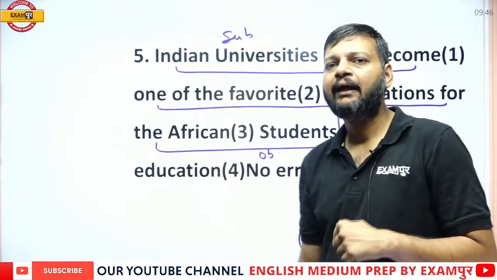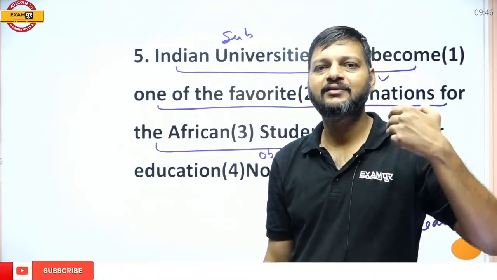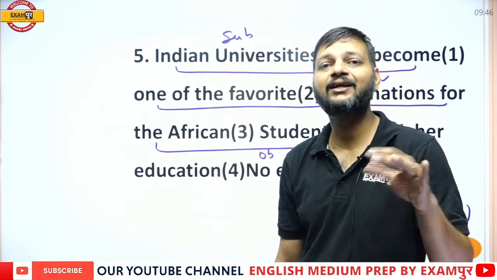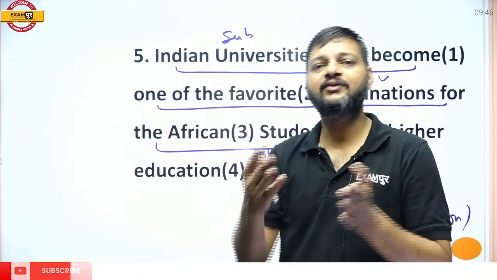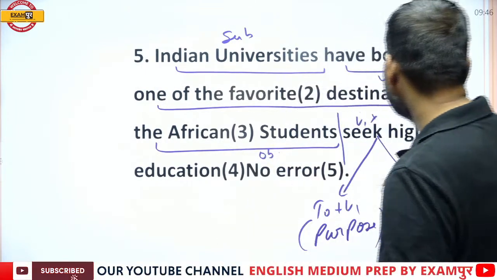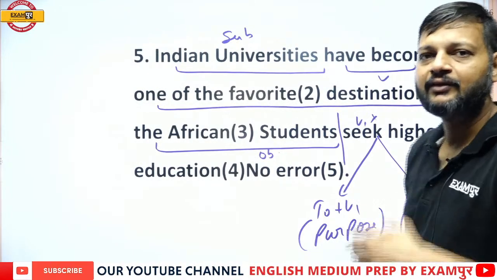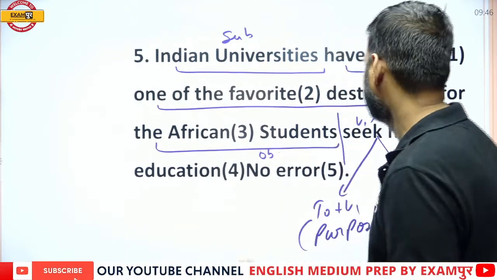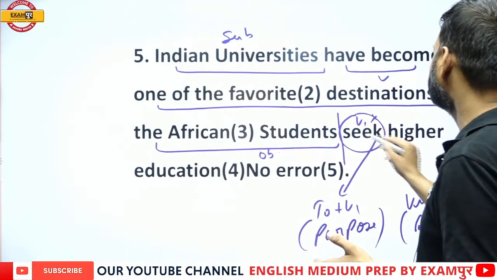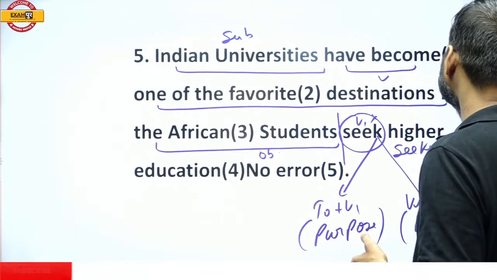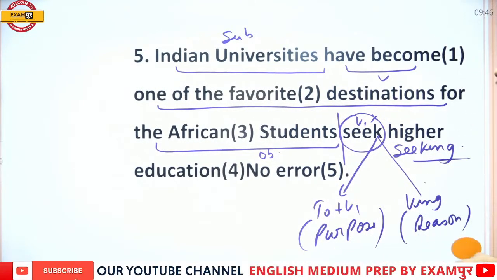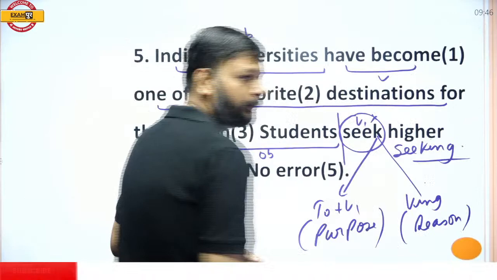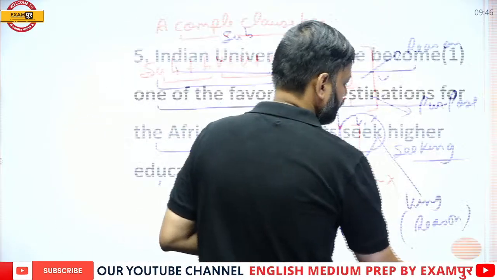So why do African students come to India and join Indian university? What is the reason? The reason is they are seeking higher education. So this word seek is telling the reason of African students coming to India and joining Indian university. So in place of seek we have to write seeking. Hope you got the concept.